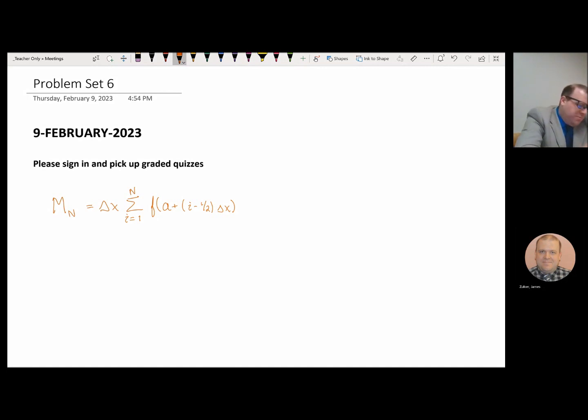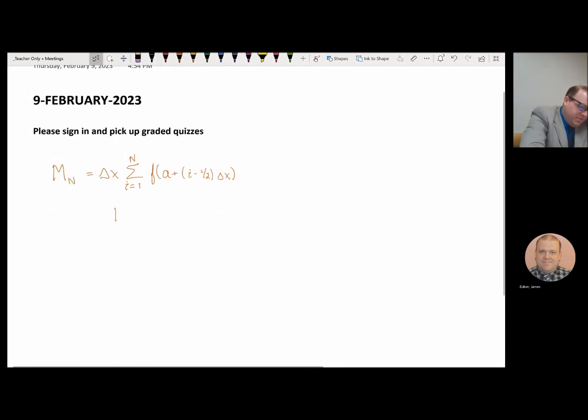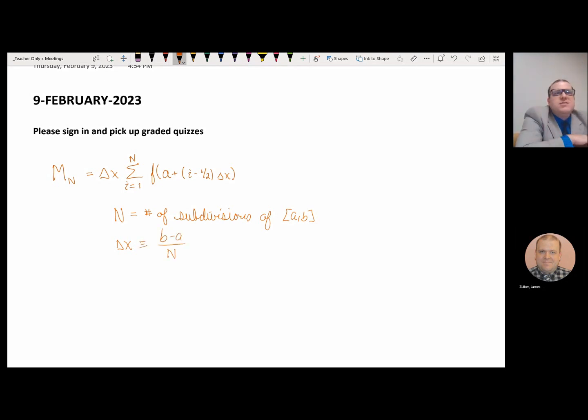So this is the formula for midpoint rule. N is the number of subdivisions of your interval of integration, and delta x is defined to be b minus a over n.